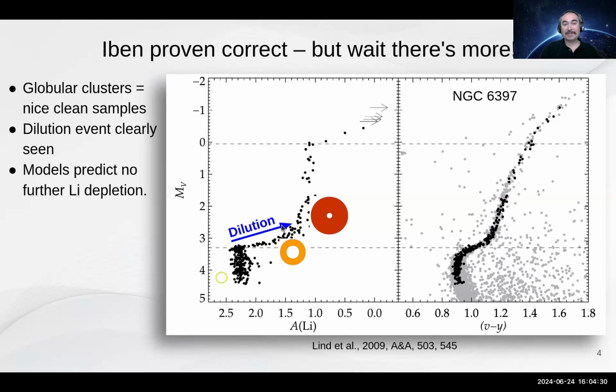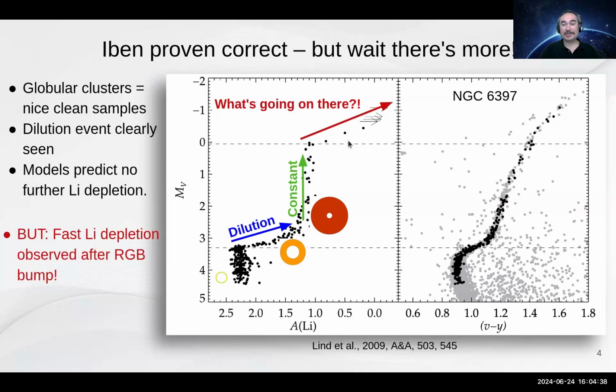We have that dilution episode, then it's pretty constant along the bottom half of the RGB, but then something else happens. It starts reducing again. Models would predict it to just keep going up to the RGB tip at this constant value of 1.5-ish. But we observe, at least in clusters, that this reduces very fast on the upper RGB.